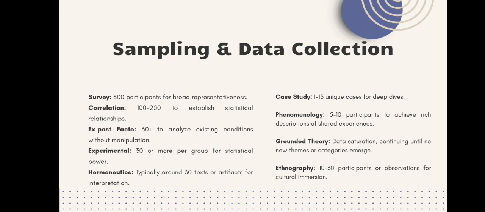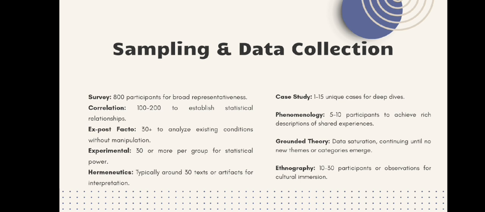In contrast, qualitative sampling prioritizes deep dives and rich insight from specific contexts, meaning the sample sizes are much smaller. Case studies often use just 1 to 15 unique cases.